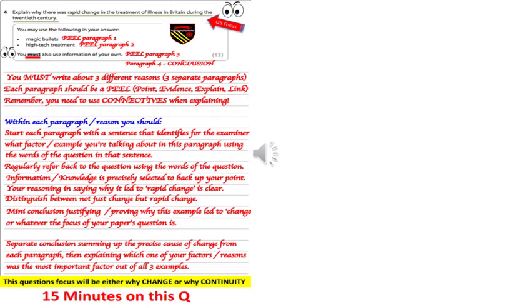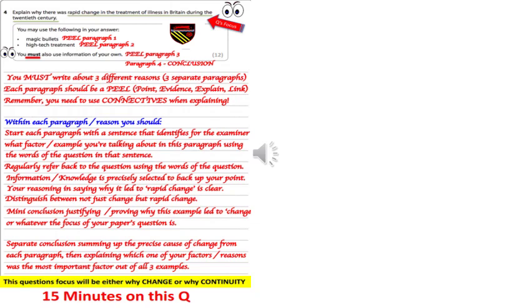Or you can get away with doing this. You can write 2 good paragraphs encompassing the bullet points, just adding lots of own knowledge to them. Okay. So, although it says here you must write about 3 different reasons, 3 separate paragraphs, that's not strictly true. Okay, you can do it in 2 good paragraphs, and I recommend that because it's a faster way of doing it.